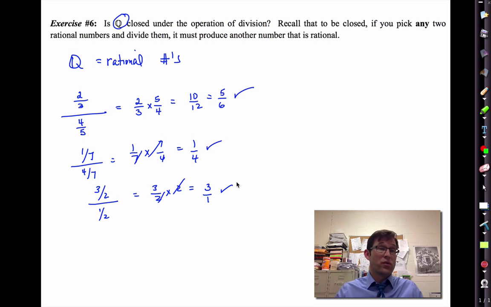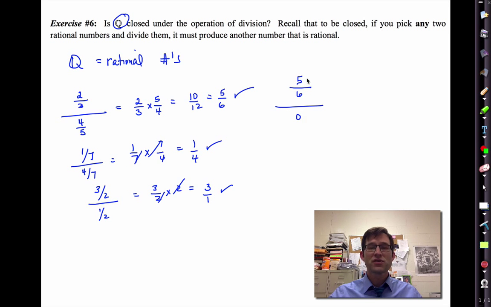It's looking good, right? I mean, is there any possibility I could divide a rational number by another rational number and not get a rational number? Think about this. There is a possibility. Did you figure it out? This one's tricky. Division by 0. What would we get if we do 5/6 divided by 0?